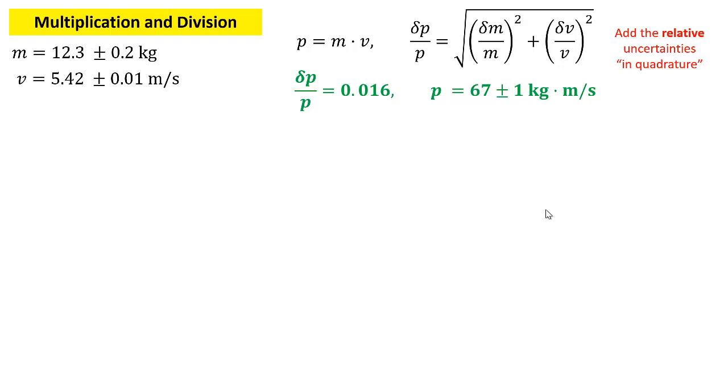So you take the relative uncertainty in the mass, delta m over m, and square that, and add that to the square of the relative uncertainty in the velocity, delta v over v. So in this case, you get delta p over p is 0.016 for its relative uncertainty, and so the momentum will be 67 kilograms meters per second, and its uncertainty would be 1 in this case.